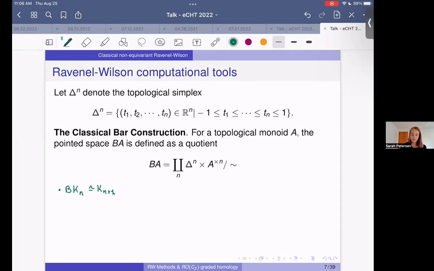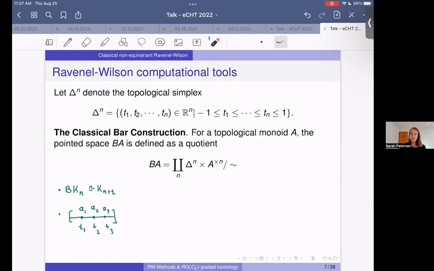Well, one model for it is to think of a point in this bar construction as follows. We have some points in our simplex, which is the interval -1 to 1. We'll label these points coming from our simplex T1, T2, T3, and we can think of these as taking labels in our monoid A. So this has some labels A1, A2, and A3.